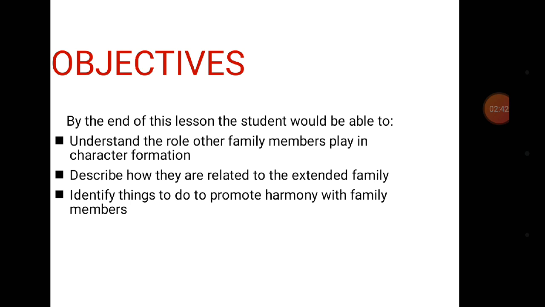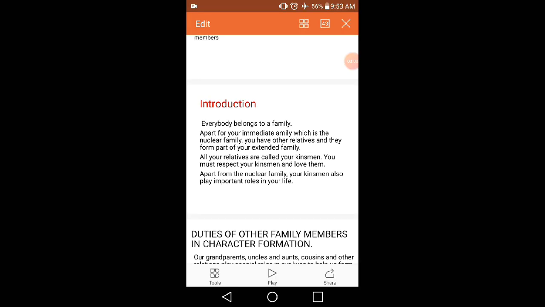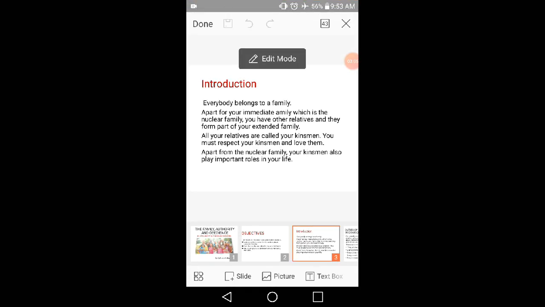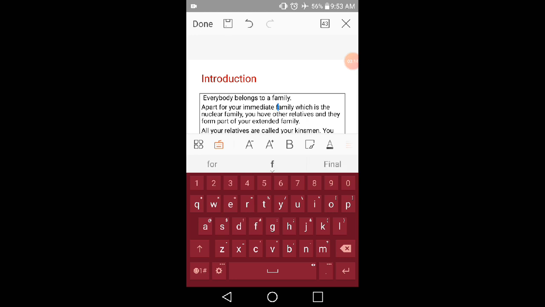Let's go on quickly to the discussion for the day. Everybody belongs to a family. The immediate family is what we call the nuclear family, or the small family, like some people will say.